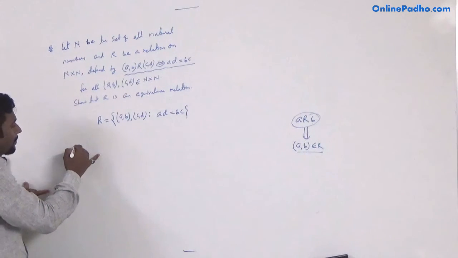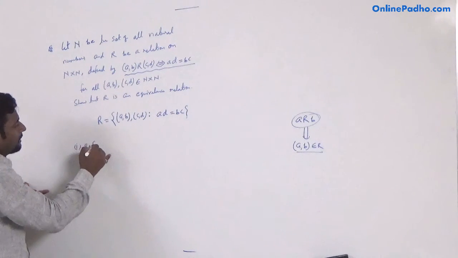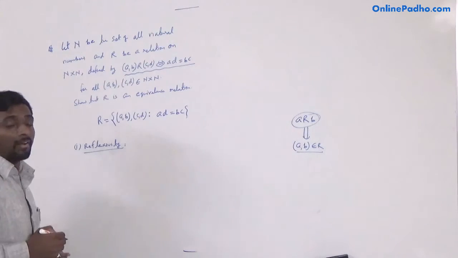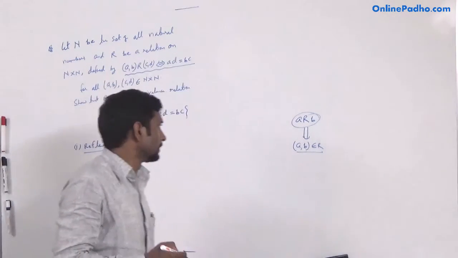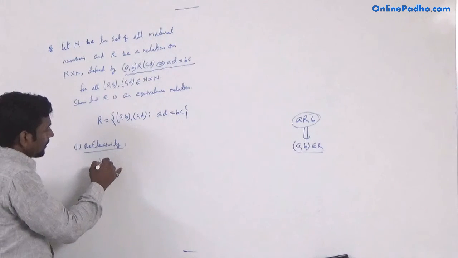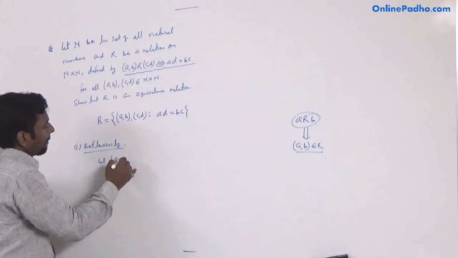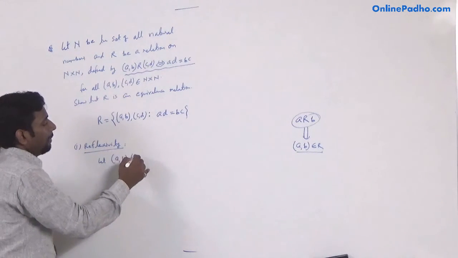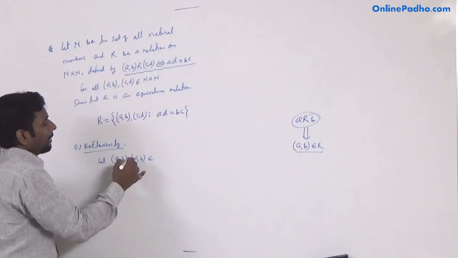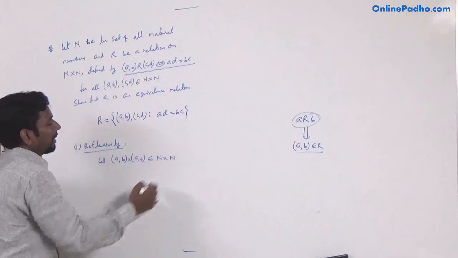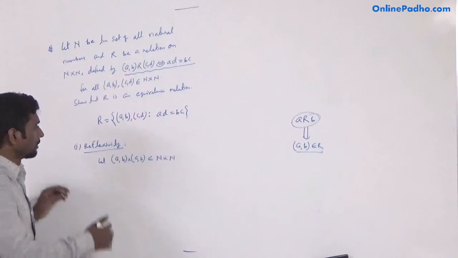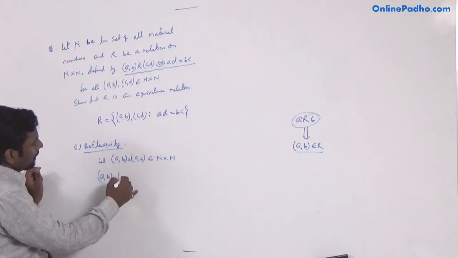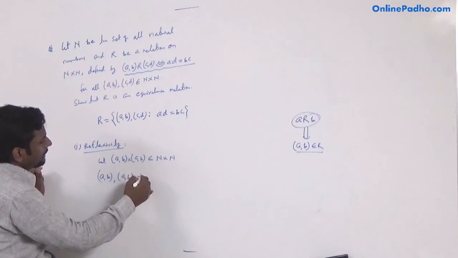Let us see. First one, reflexivity. How can we say that this relation is reflexive? Let us consider (a,b) belonging to N×N, where a and b are natural numbers.